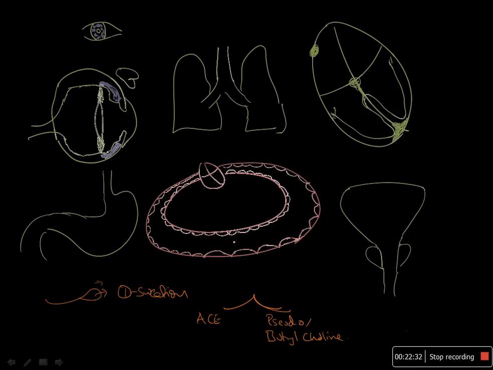So this is how there will be erection in the males, and in the females it would activate the glands in the uterus, so there will be vaginal lubrication as well. So you'll have erection in the male and vaginal lubrication in the female when the parasympathetic nervous system is dominating.